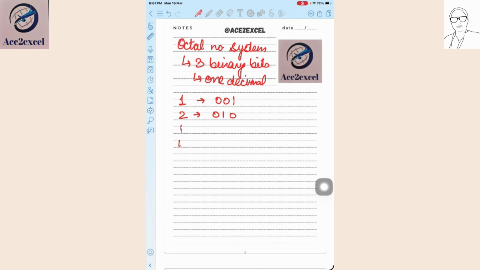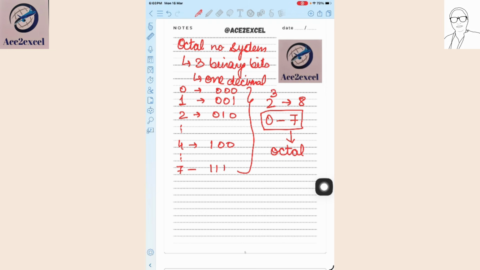Similarly, 4 will be represented as 100, and 7 will be represented as 111. 0 will be represented as all zeros. 2 raised to power 3, 8 possible combinations are there, that is from 0 to 7. 0 to 7 decimal numbers can be used as octal numbers, where you can use 3-bit binary representation as shown.